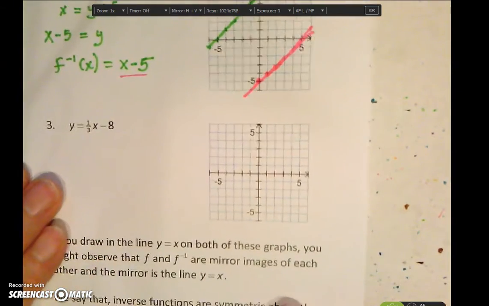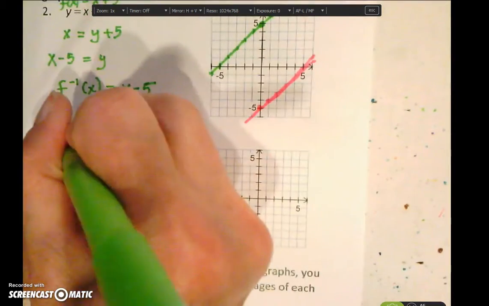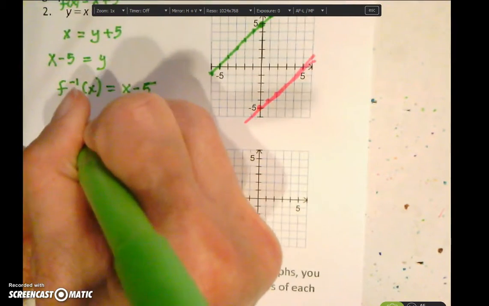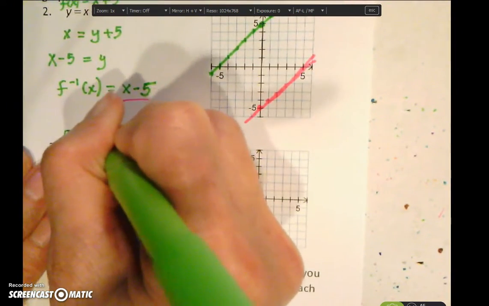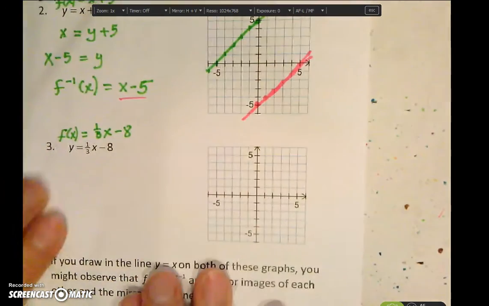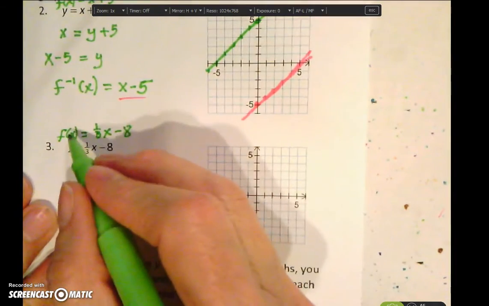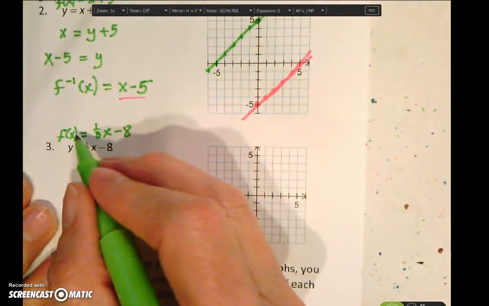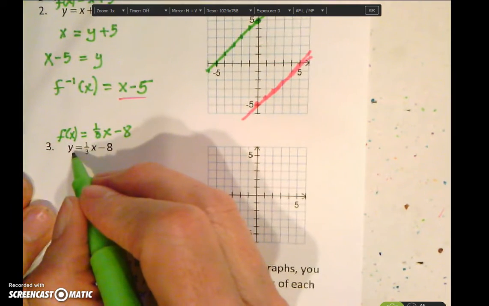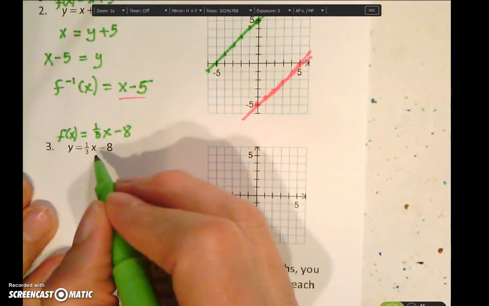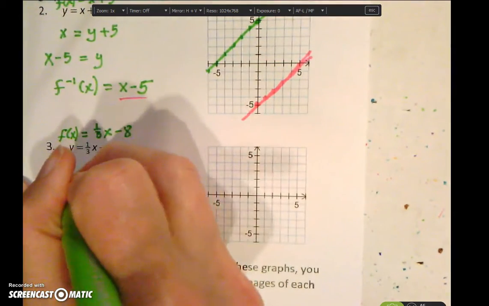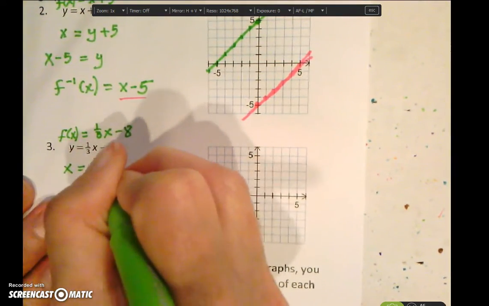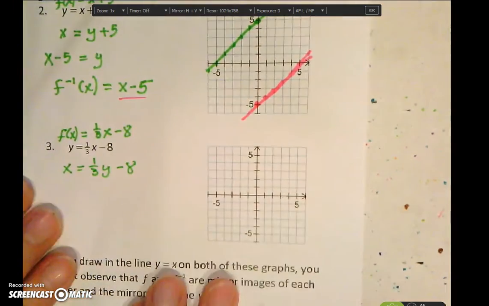Then example 3, we're going to look for its inverse. Again, pretend that it said f of x is equal to 1/3 x minus 8. In step 1, I replace my f of x with y. Then to find the inverse, I swap my x and my y and get x is equal to 1/3 y minus 8.